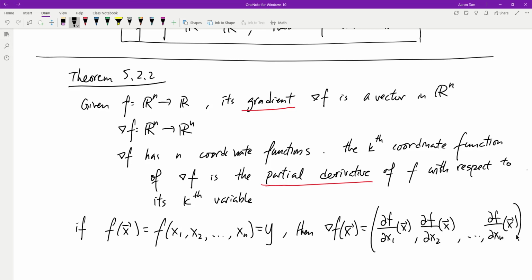So essentially I can form the gradient by simply collecting all the partial derivatives together.